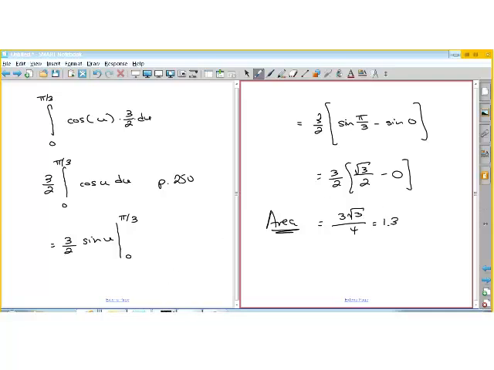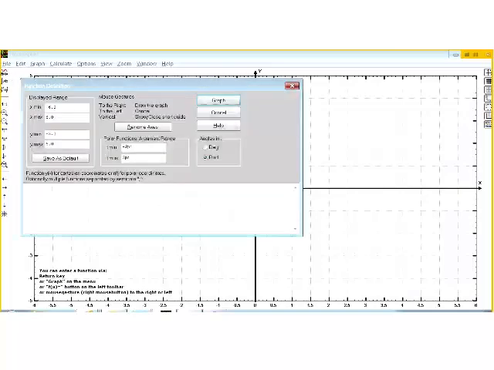Let's plot that original function. So we're going to open up that, and we're going to share it with you. Okay, so the original function was the cosine of 2x divided by 3. And the limits were from 0 to pi divided by 2.